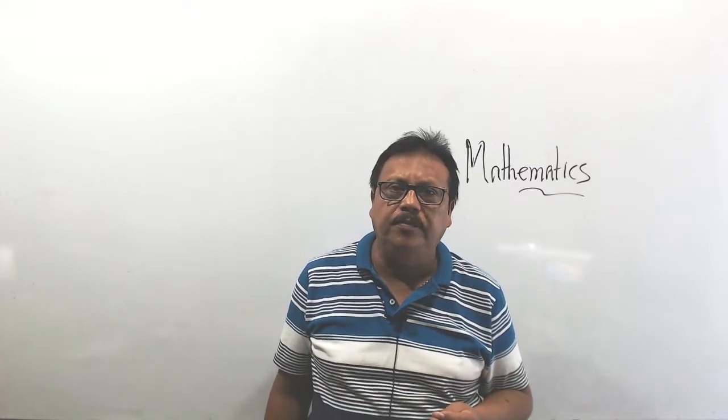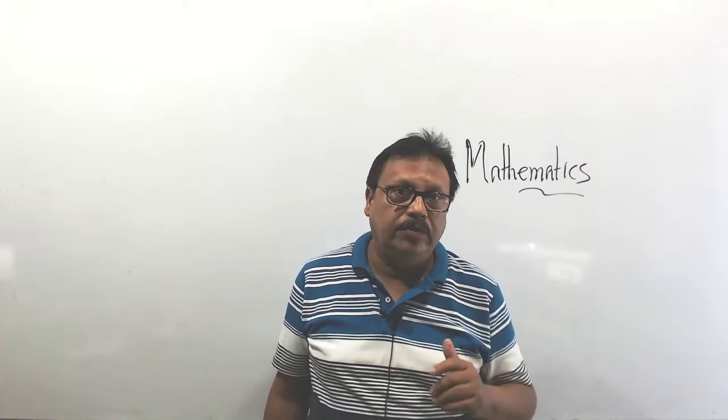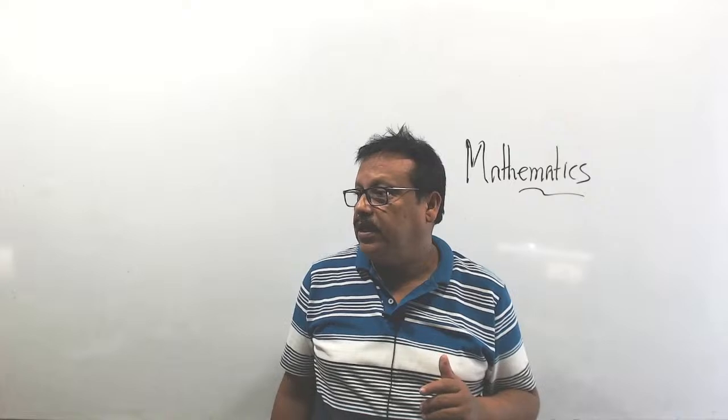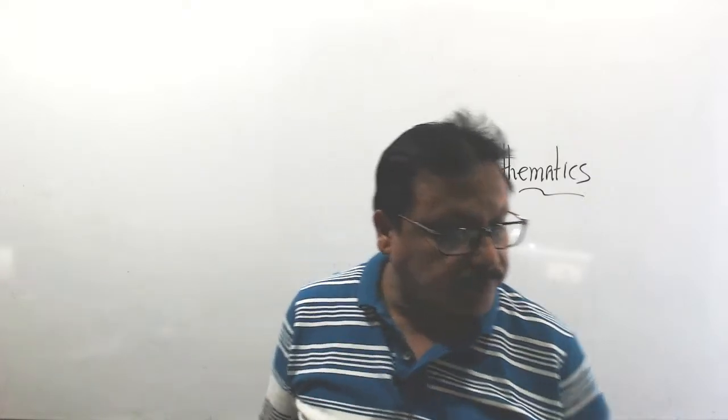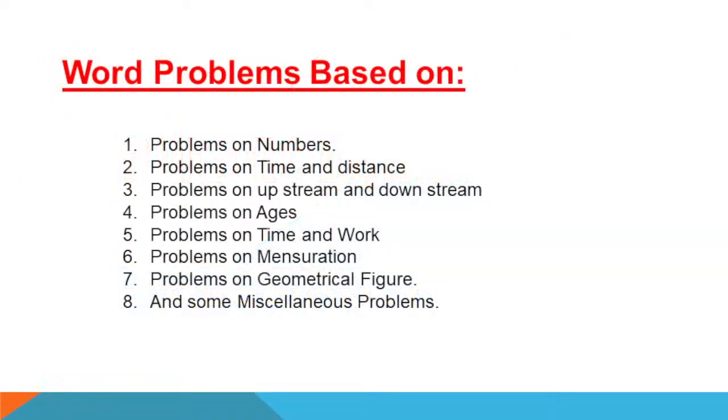I'll try. There are separate kinds of word problems I categorized already. I'm showing here. See, problems on numbers, times and distance, upstream and downstream, on ages, time and work, mensuration, geometrical figures, and some others.